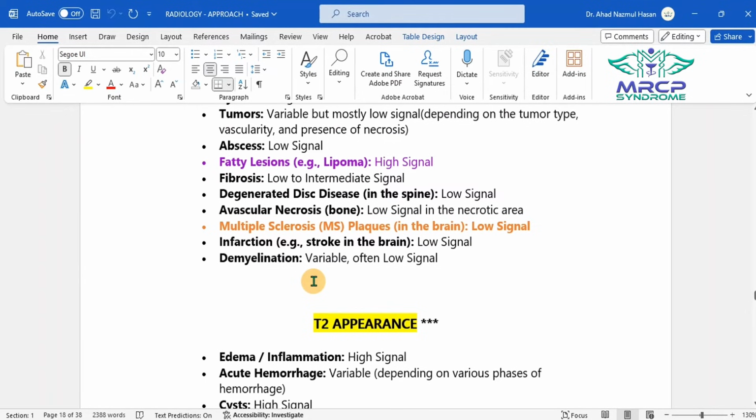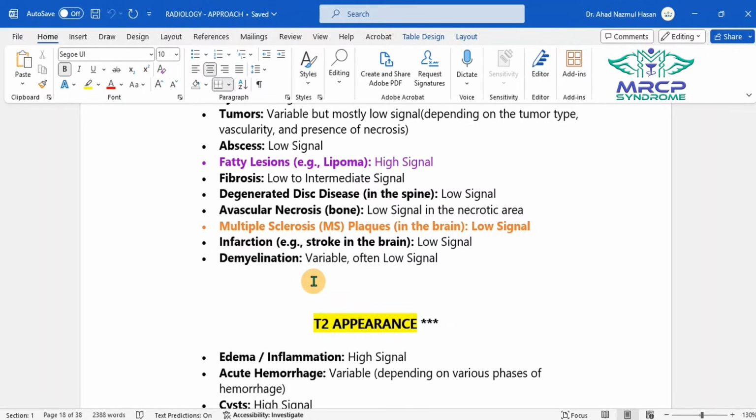So avascular necrosis, AVN, what should be AVN in T1 and T2? I think it should be black, necrosis like inflammation. So in case of T1, this is fixed.